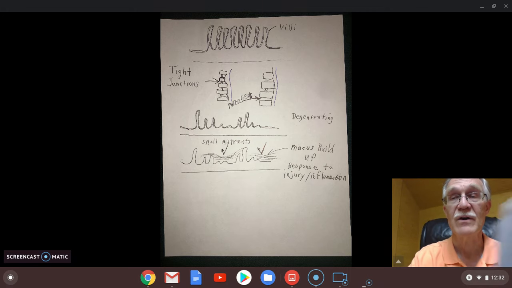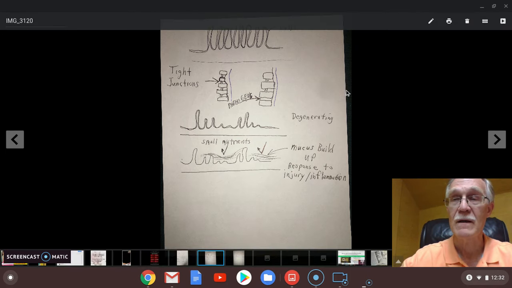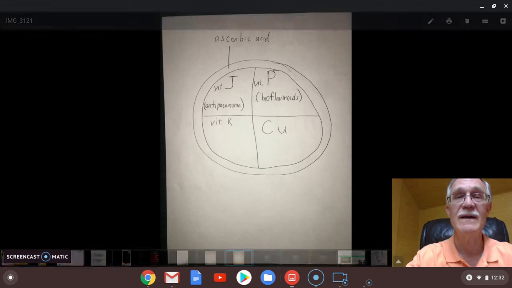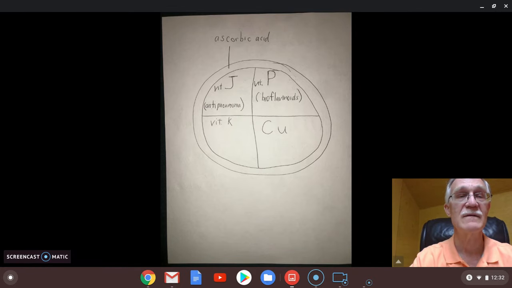The next picture here, let me get that up for you. Okay, this is ascorbic acid, a picture of ascorbic acid.